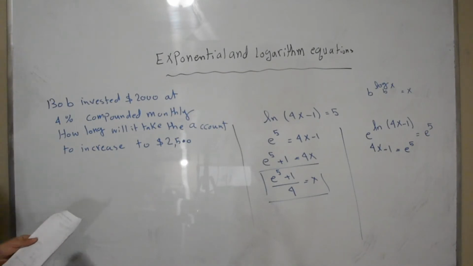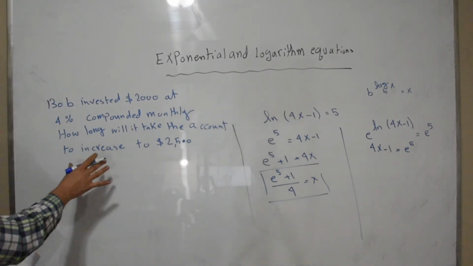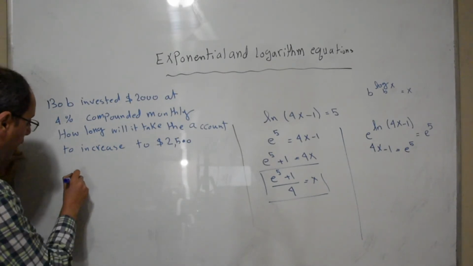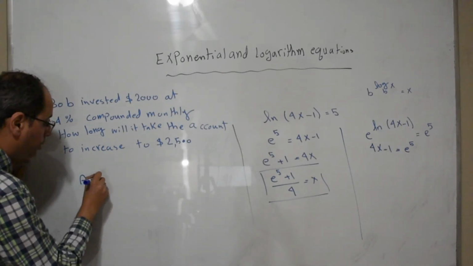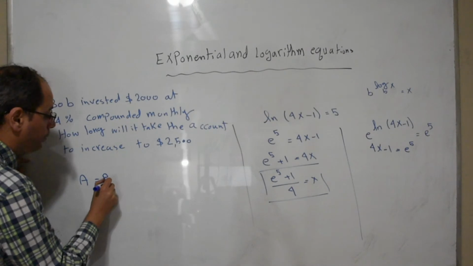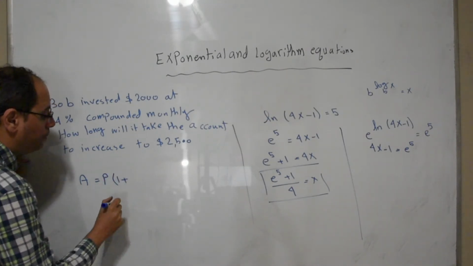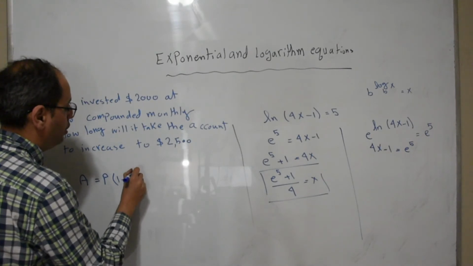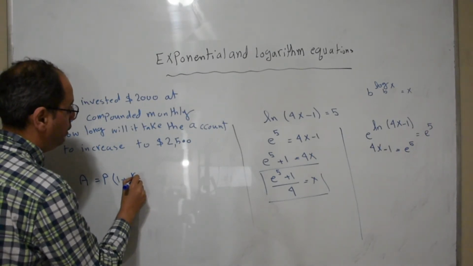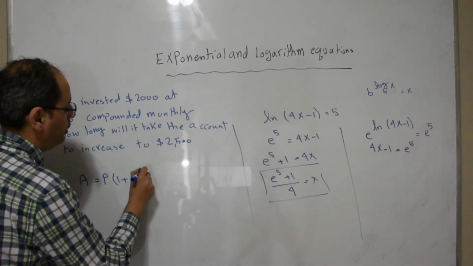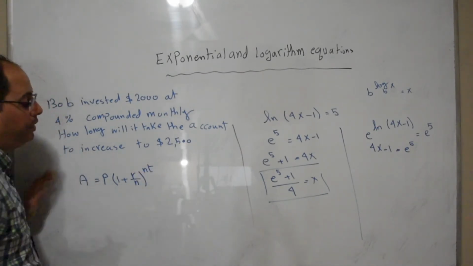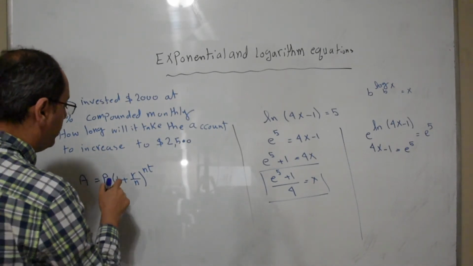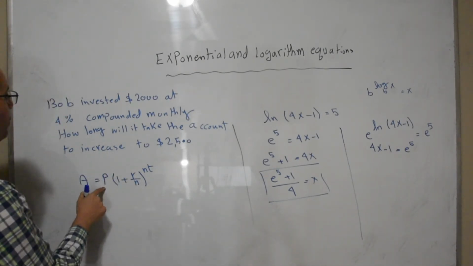Okay, so let's state the formula first. I have the amount A equals the principal P times 1 plus r over n, to the nt, where r is the rate in decimal and P is the principal.